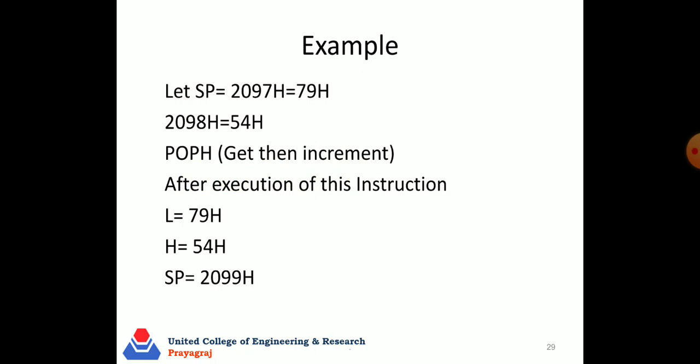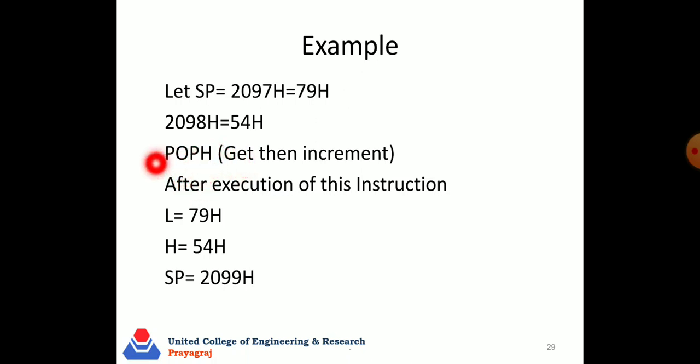Get means first the content at the stack pointer is copied, then the pointer is incremented by 1. So let's suppose the stack pointer is 2097. Here the high order is H and the low order is L. It is just the reverse order operation.